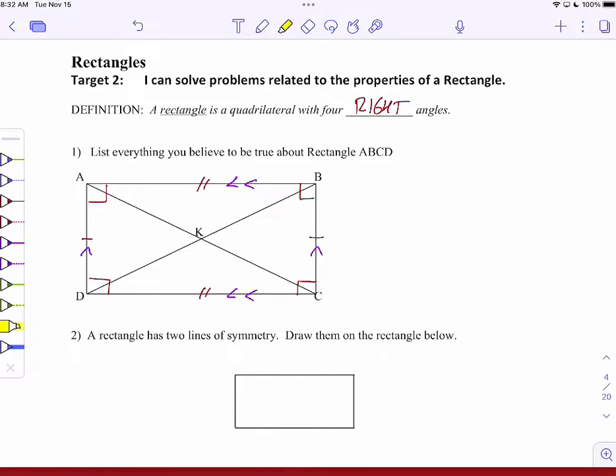And I could do a quick mathematical proof of this. This triangle right here has an angle that's a right angle, and it has these two sides marked the same as in this triangle.